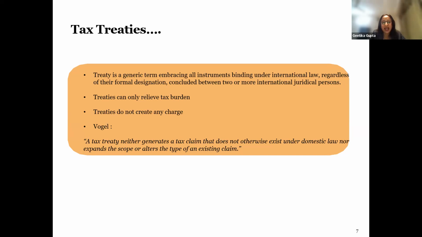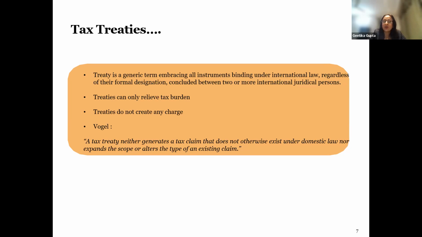So the treaties have to be interpreted in light of the customary principles set out under the Vienna Convention on the Law of Treaties. What tax treaties are doing is allocating the taxing rights between the two contracting states, that is the country of residence and the country of source, which we talked about.